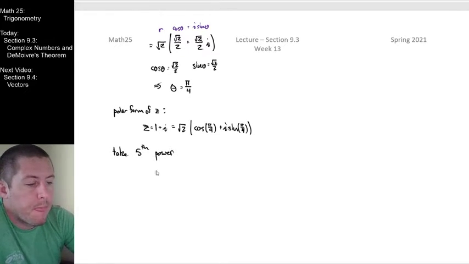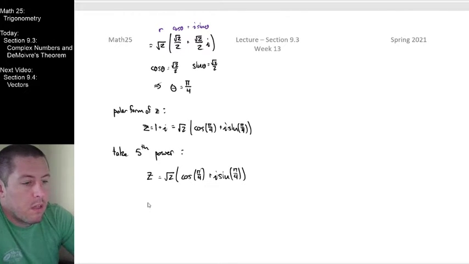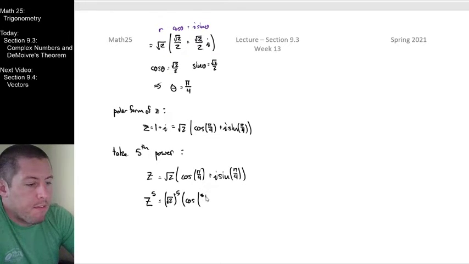Fifth power. So we've got that z is going to be equal to root 2 times cosine of pi fourths plus i sine pi fourths. Therefore, z to the fifth, which is what we really wanted to find the whole time, is root 2 to the fifth times cosine of 5 pi fourths plus i sine 5 pi fourths.